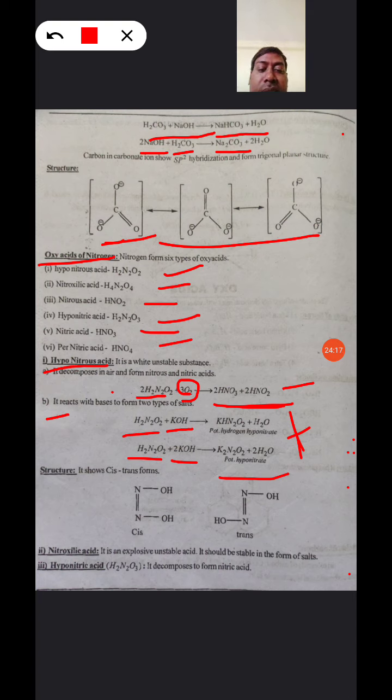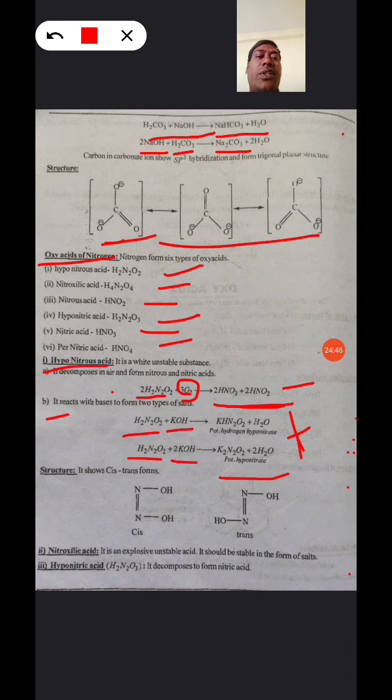So this is hyponitrous acid. The formula of hyponitrous acid is H2N2O2. It is a white unstable substance. It decomposes in air and forms nitrous acid and nitric acid. When it reacts with base, it forms different types of salts.